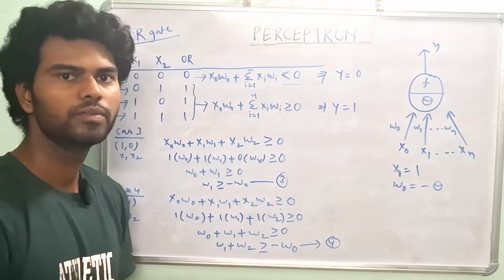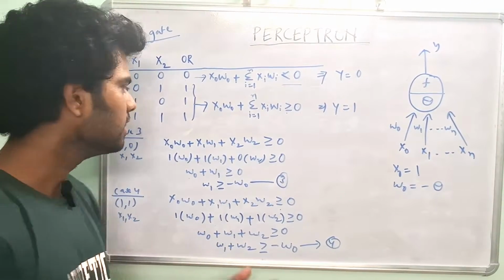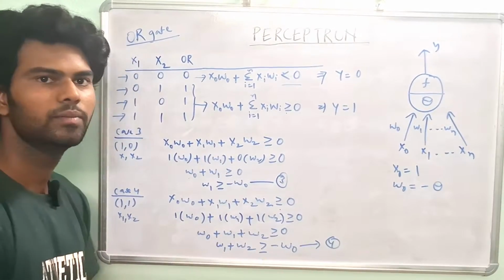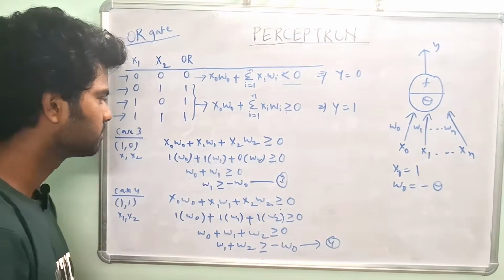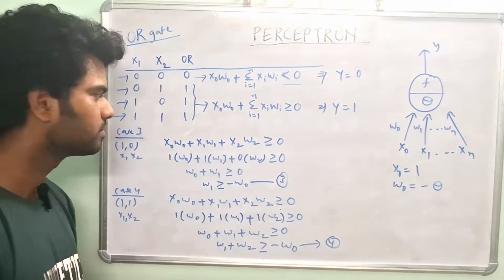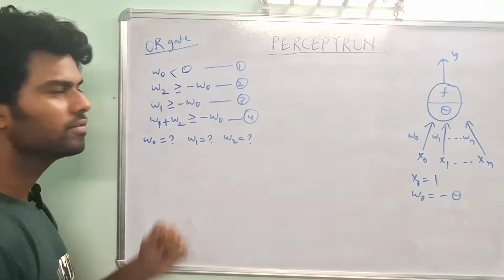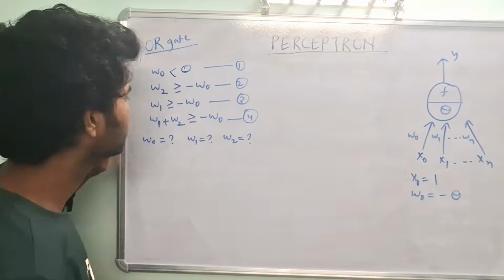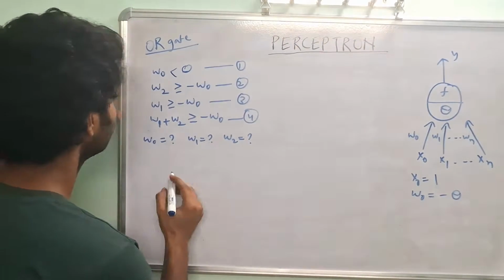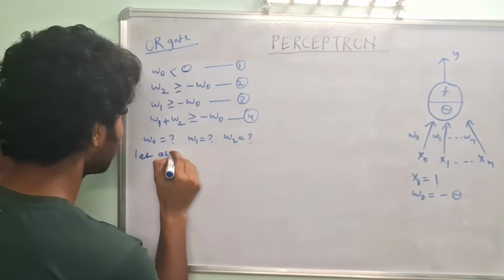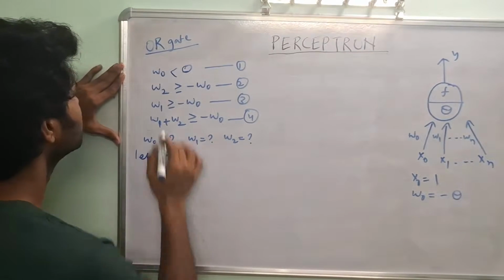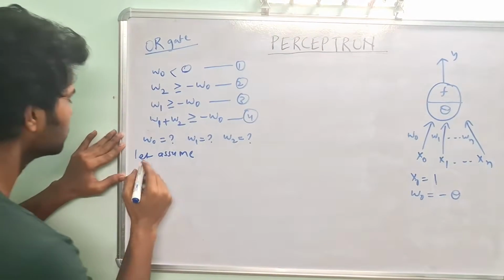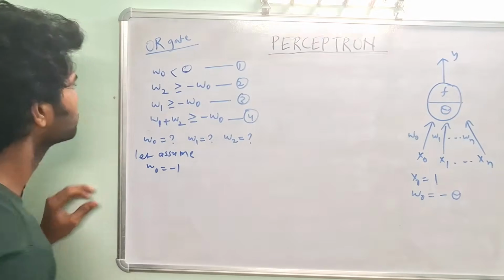So now what we will do, we just calculate the weights, all the weights w0, w1, w2. We will calculate these three weights by using these four equations. First let's assume the w0 value is less than 0, so just assume w0 equals -1.